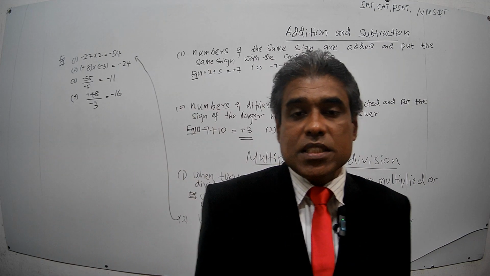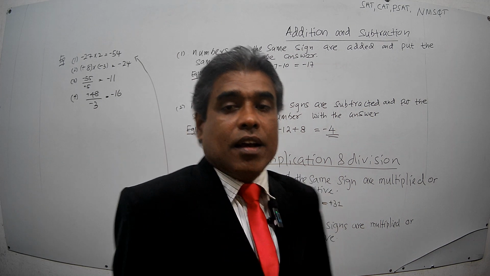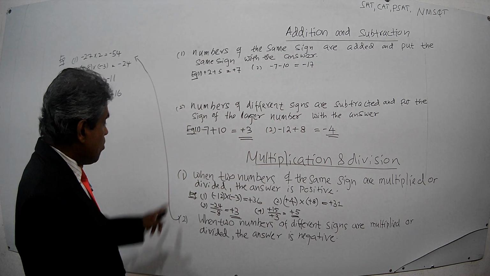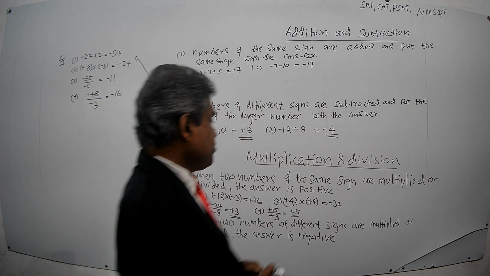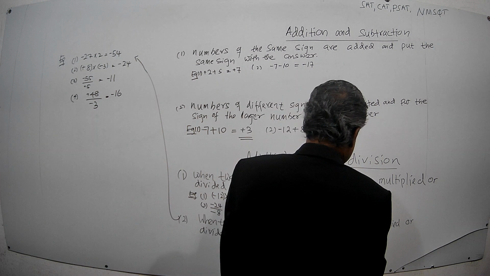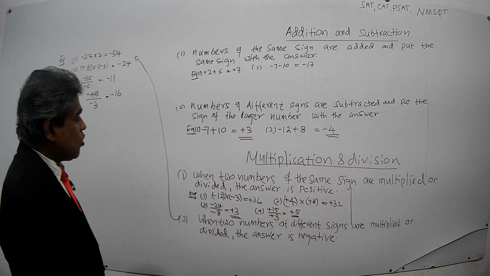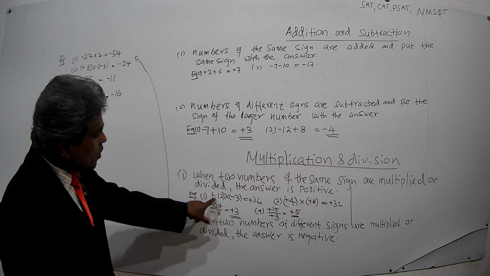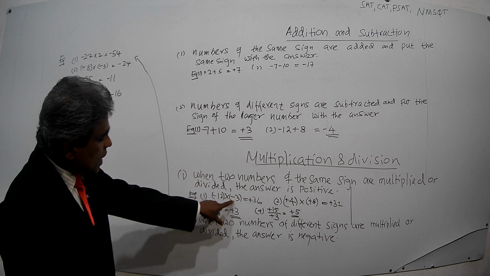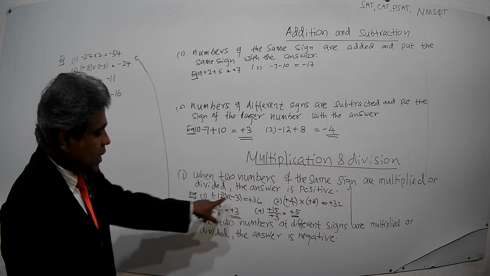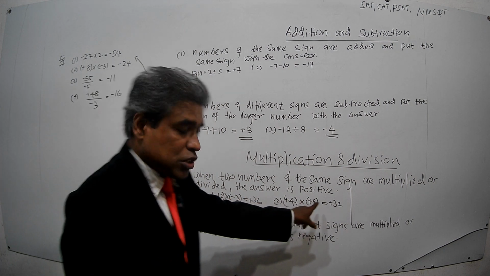This is only very basic examples of application of the rules of directed numbers. And when you come to this multiplication case, I want to tell you another important point here. When you multiply two numbers of the same sign, it can be negative negative or positive positive.